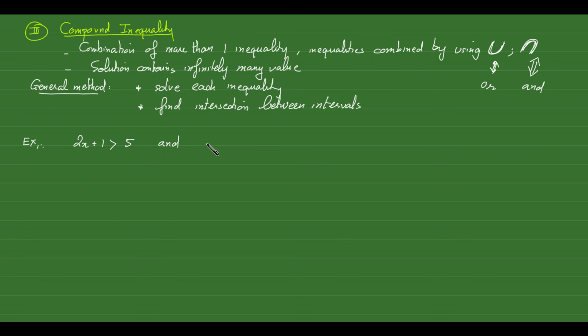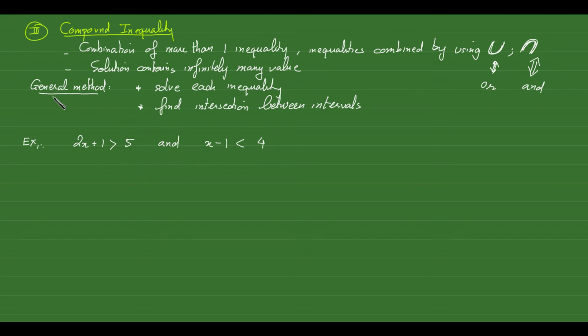The second inequality, for example, I put x minus 1 less than 4. So in this case, we have to find the intersection between the intervals right here.